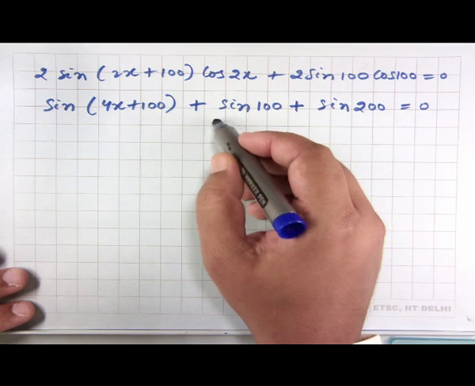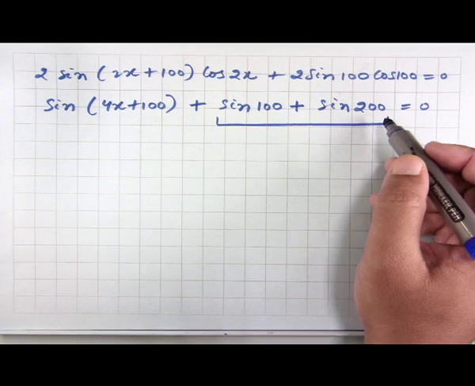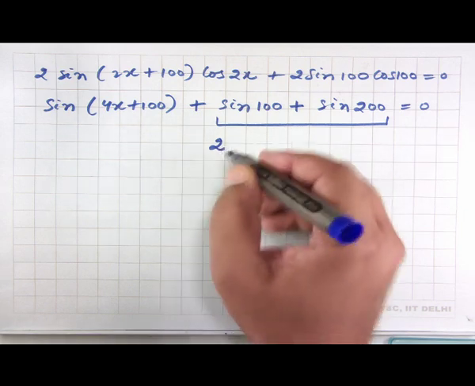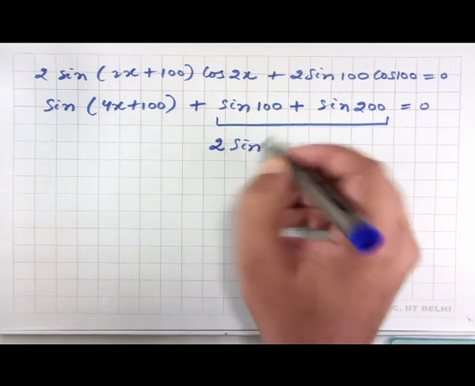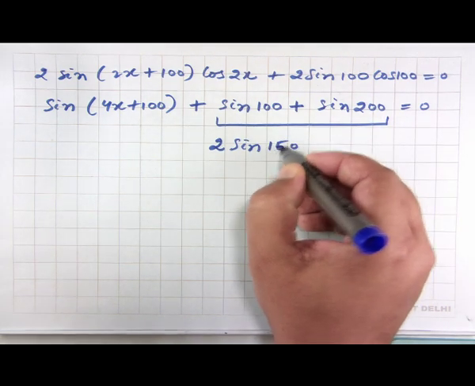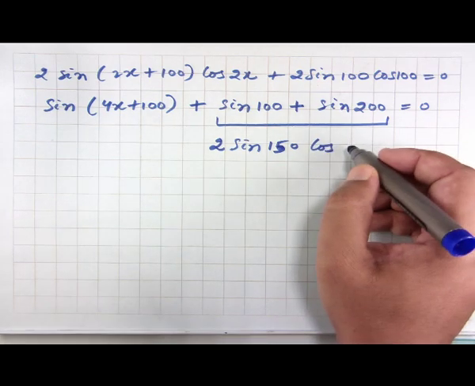And then here we will try to use the sin A plus sin B formula. So, this thing will become 2 into sin, so A plus B by 2 is 150 degrees into cos of A minus B by 2 will be 50 degrees.